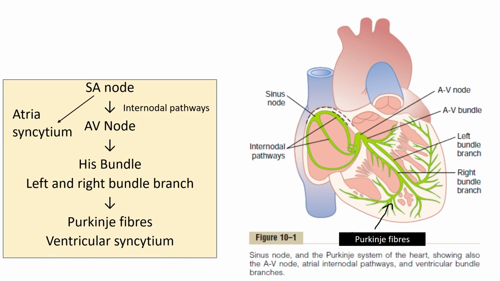The bundle branches bifurcate to form the Purkinje fibers, or ventricular syncytium. So all of you see this diagram carefully, from the SA node to the Purkinje fibers, how the impulse is transmitted.